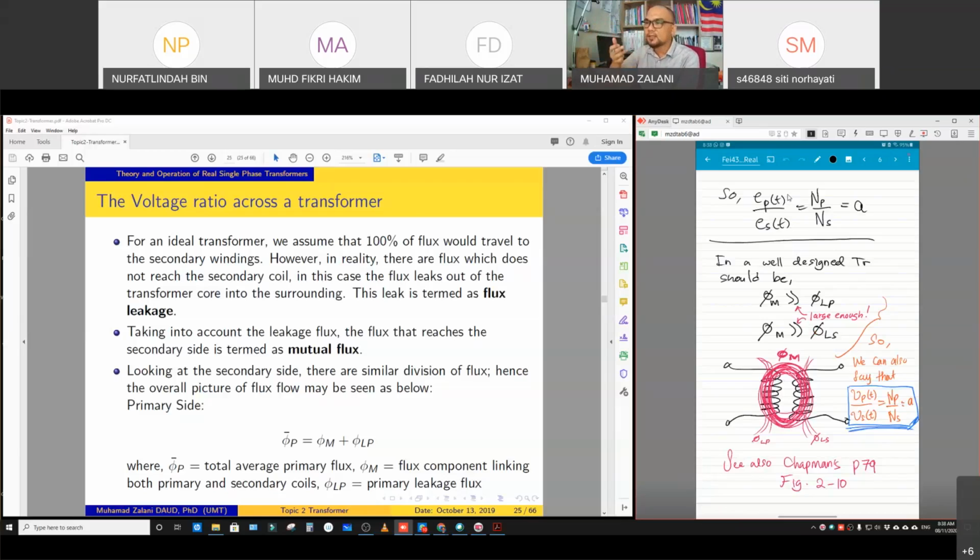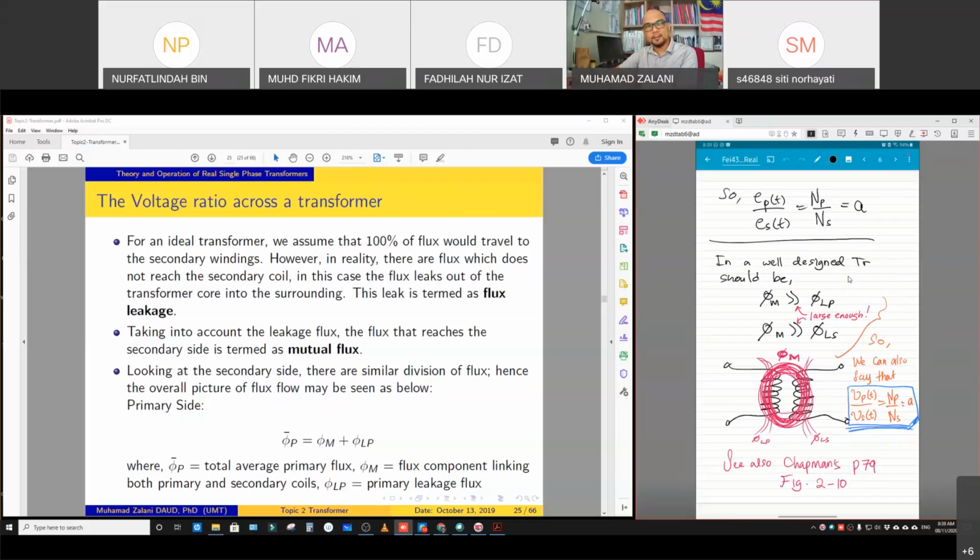We get the same thing, which is the ratio of induced voltage at the primary to the induced voltage at the secondary is equal to the ratio of the number of turns at the primary to the number of turns at the secondary. As a result, the ratio of NP over NS is the turns ratio, which we name as A. Okay, so NP over NS is A, the turns ratio of the primary turns by secondary turns.